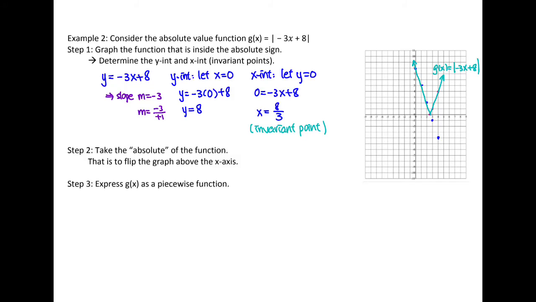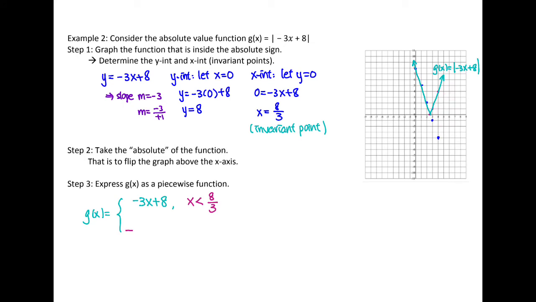Step 3, let's write g(x) as a piecewise function. So say g(x) equals the first piece, which is the original piece, negative 3x plus 8, when your x value is smaller than 8 over 3. Next piece is the one that we flipped the negative y value to become a positive y value.